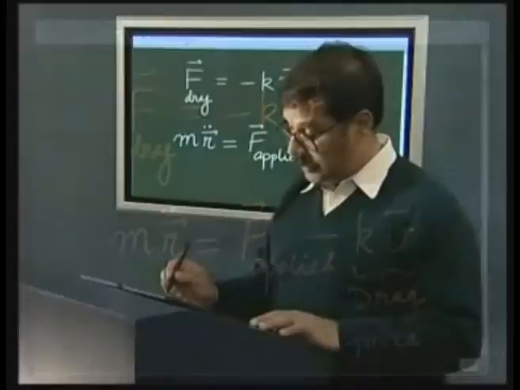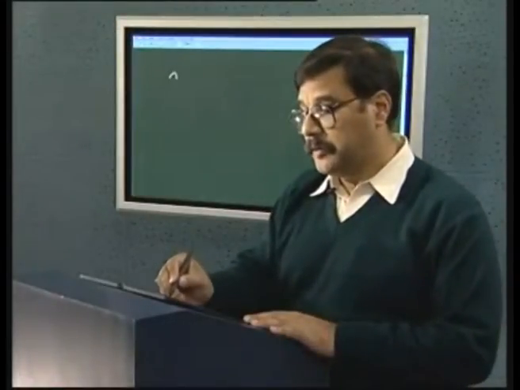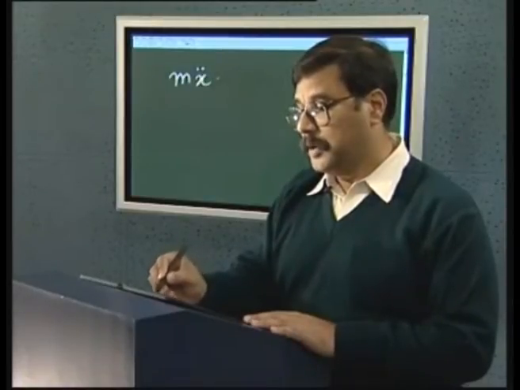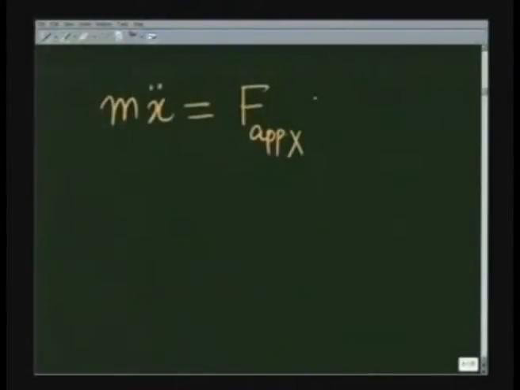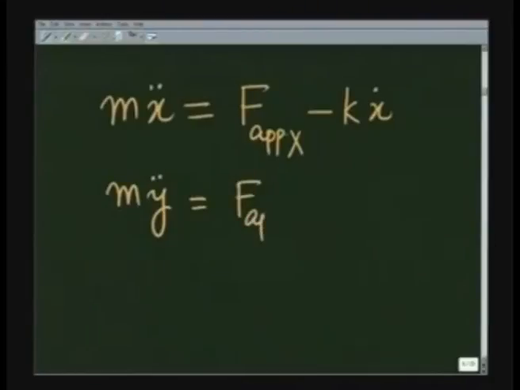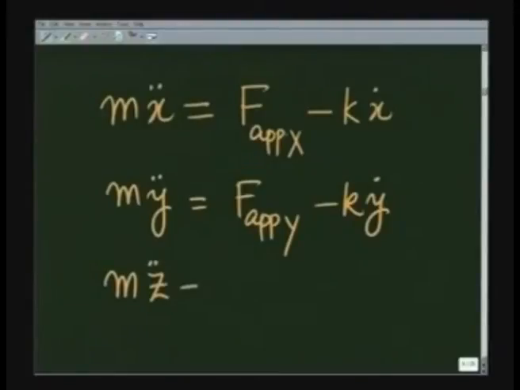If I write these in component form, I get m x double dot equals F applied x component minus k x dot, m y double dot equals F applied y component minus k y dot, and similarly m z double dot equals F applied z component minus k z dot.